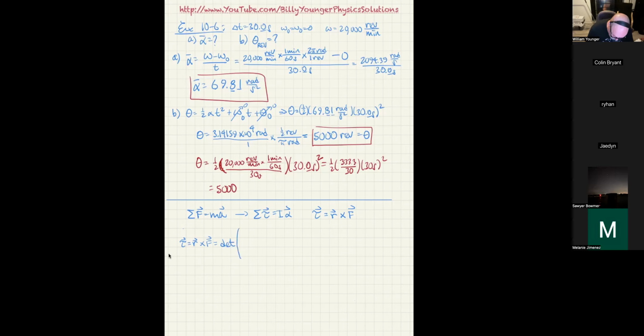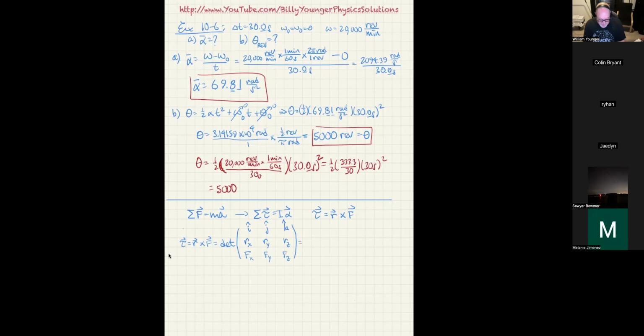The matrix is made with i hat, j hat, and k hat as the first row. The second row is Rx, Ry, and Rz, in other words, the r vector. And the third row is Fx, Fy, and Fz.